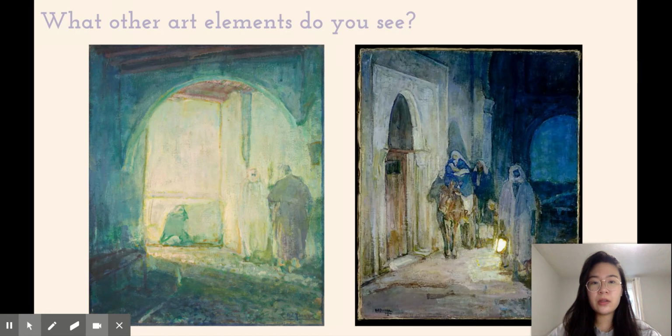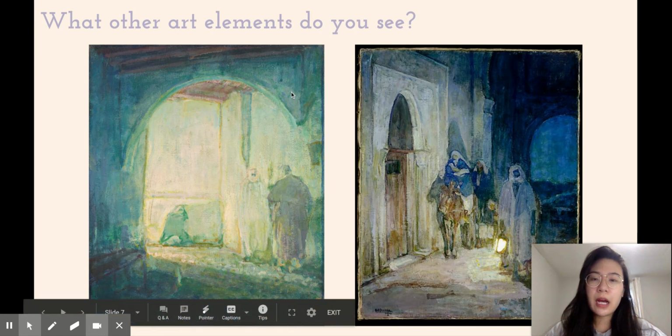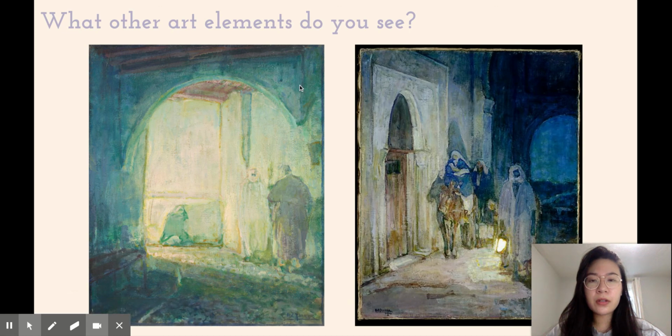I want you to pause this so you can take more time, and think about what other elements you see in his paintings. There are so many different elements going on, but looking at space specifically, this artist uses color and value to help give the illusion of space.